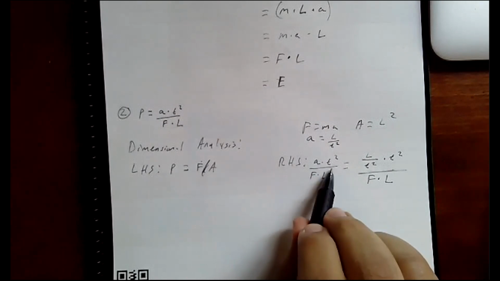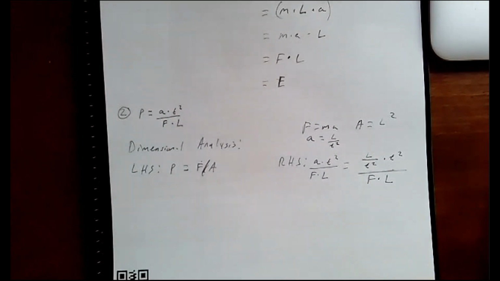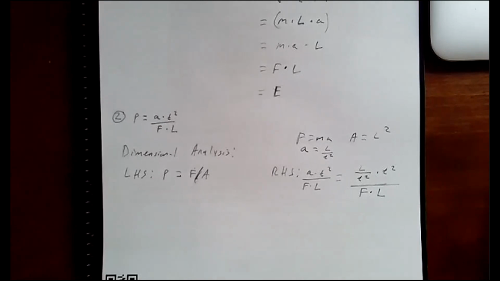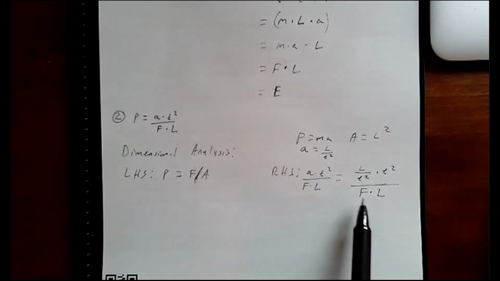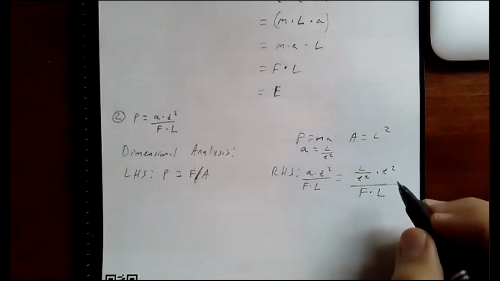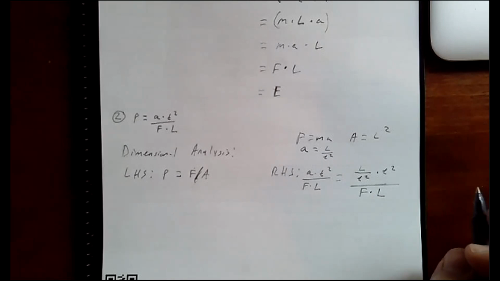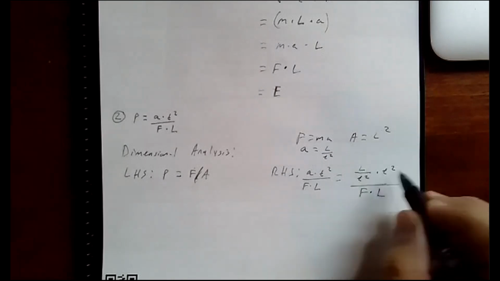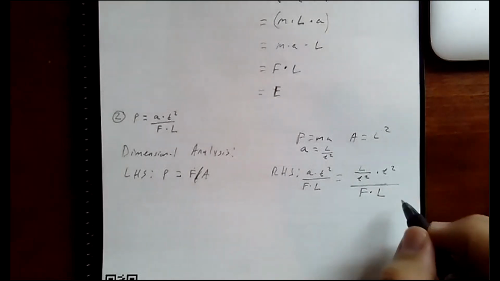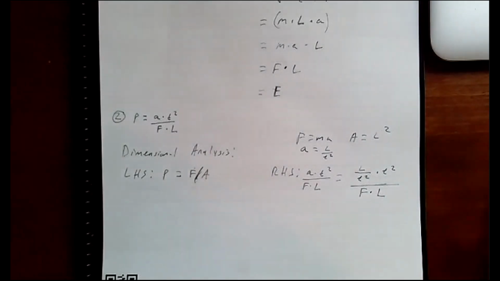Let's see here, t is lowercase t, correct? I'm starting to doubt reality now. Question 2, a t squared over f times... All right, so that's not good. The same type of thing is going to happen here. I'm going to lose the t squares, and then I'm going to lose that L, which will leave me with 1 over F. There will be no A if I go this route.